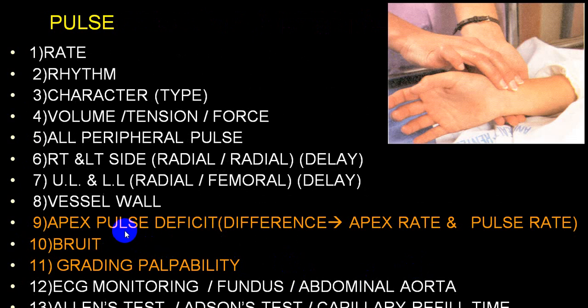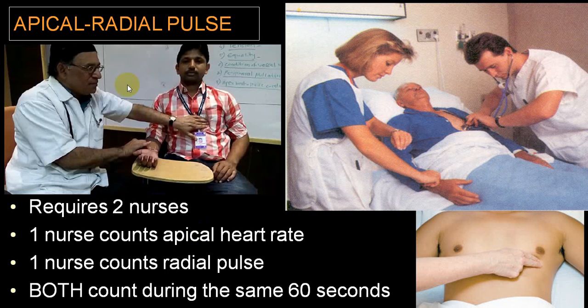Now, a very important part we call apex pulse deficit. So understand this very well. Normally, for one ventricular systole, the ventricle will contract and eject out the blood. If the cardiac output is good and normal, the peripheral pulse will be palpable. So with one apex you get one pulse.